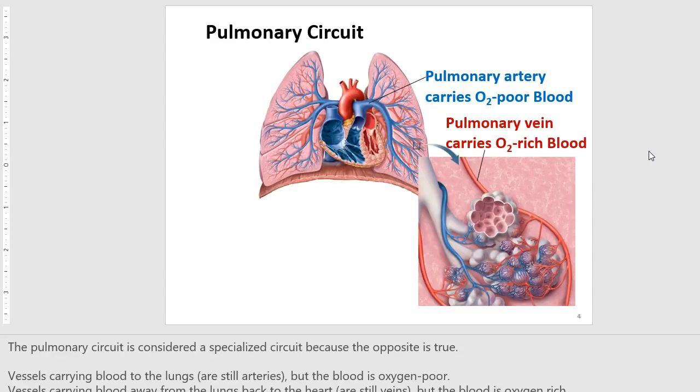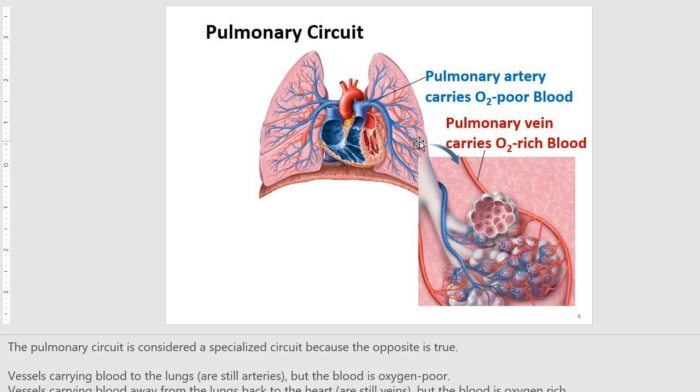In the pulmonary circuit, we have the same system. Pulmonary artery carries blood from the heart to the lungs, and then veins return the blood from the lungs to the heart. But in this case, it's not the artery that has oxygenated blood.